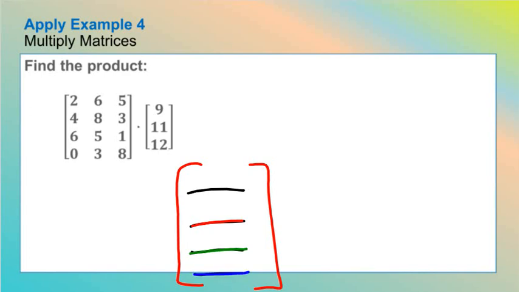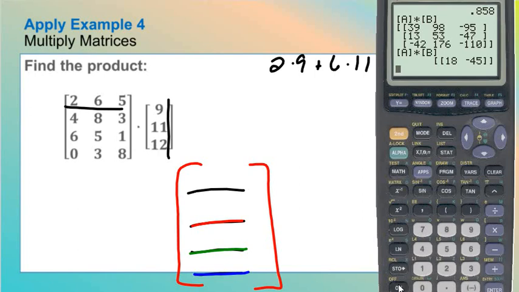So let's do the black first. So row 1, column 1. So this would be 2 times 9 plus 6 times 11 plus 5 times 12, we have 18. Actually, quicker, let's just do it on our calculator since I've already practiced doing that pencil and paper method.